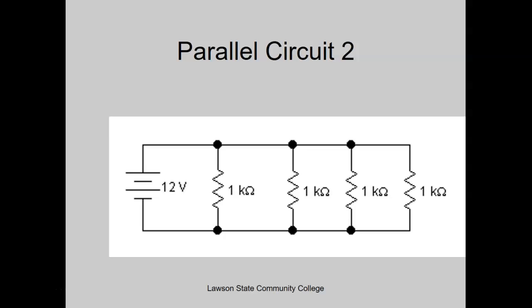Actually, let me change this around a little bit. Well, I had my amperage because I already had that. 0.004. So you have each one of these, 1 kilo ohm is equal to 0.001.